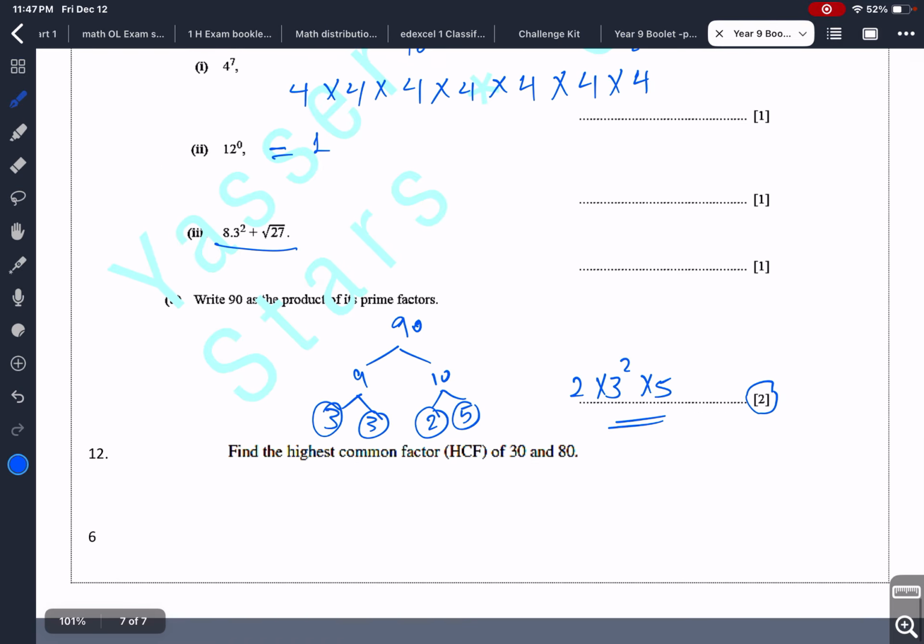Find the highest common factor, HCF, for 30 and 80. Again, if you use the column factorization, it's no problem, but I prefer the double column factorization, which is easier and faster. This is 30, 80. Both of them are even numbers, so I divide by 2 to get 15 and 40. Is there a common factor between 15 and 40?